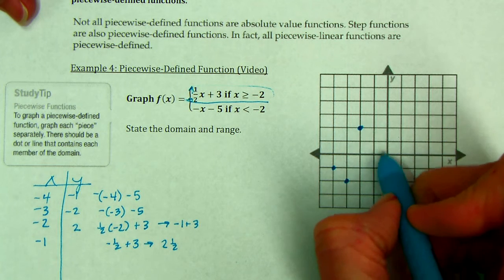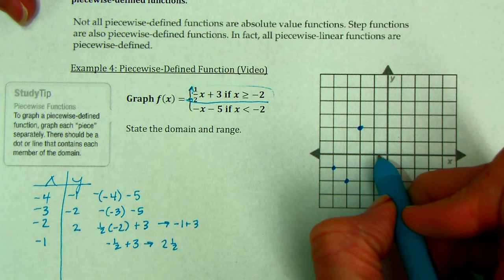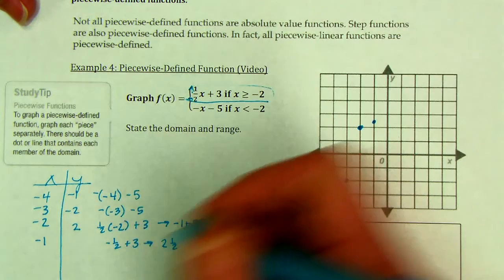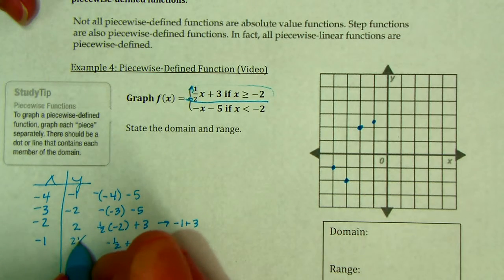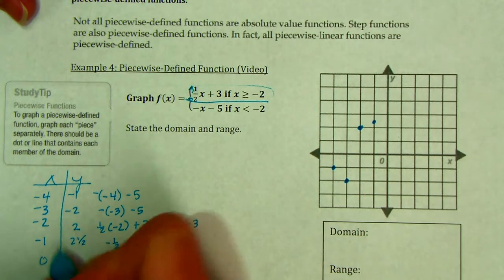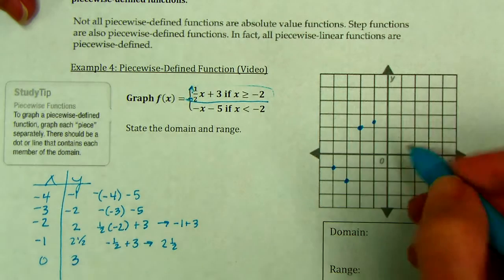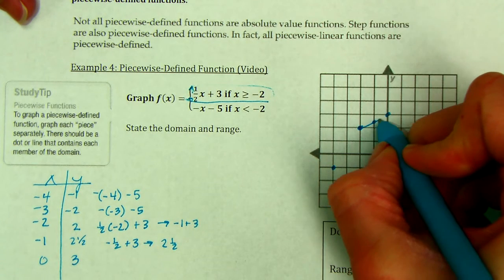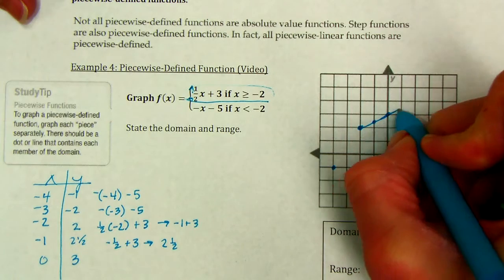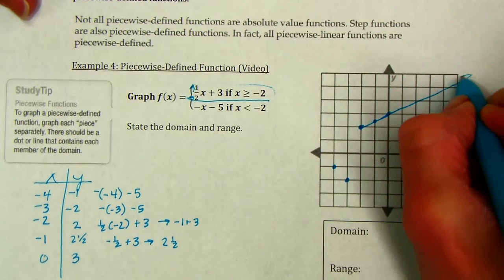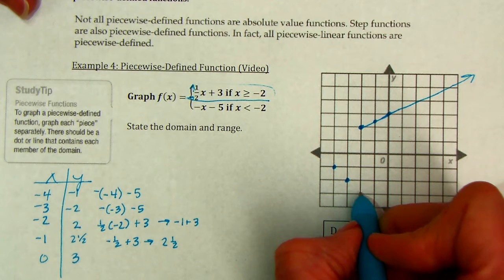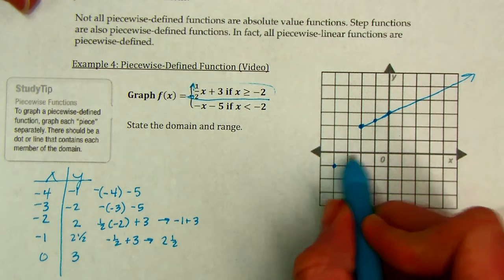If I put 0 in there, I will get 3. So because this can never go below, it's going to look like that. But here, this can go all the way to 2. But it has to be greater than 2, and this is where x equals 2 right here. So it's an open circle because it sets the boundary.